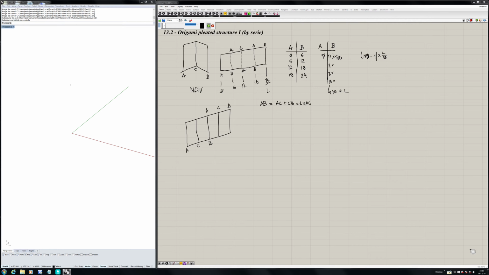Now, I'm going to say that this one is a fixed point.